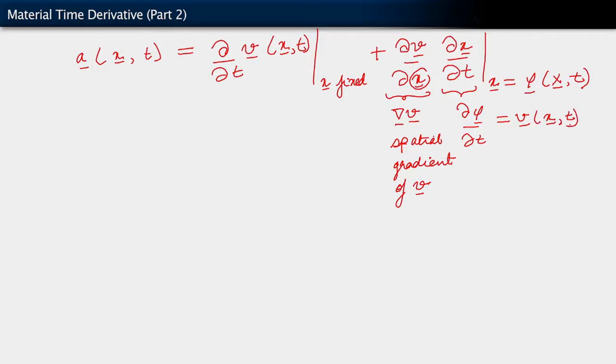So pulling this all together, and now I'm going to dispense with the explicit mention of the arguments little x and t, just to keep this clean, we have the partial time derivative of v plus the spatial gradient of v acting on the velocity v.